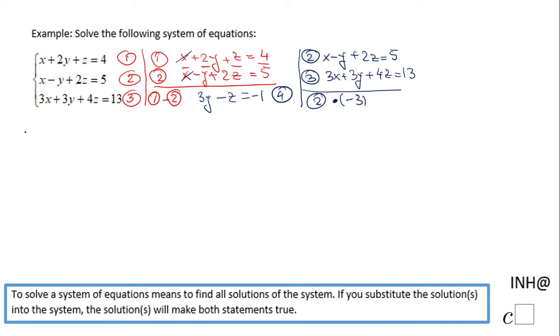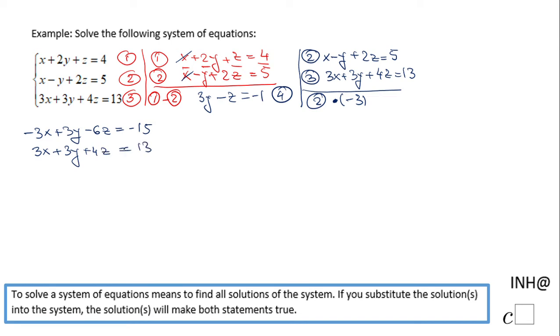Equation number 2 becomes negative 3x plus 3y minus 6z equals negative 15. And equation 3 is going to stay as it is, so we have 3x plus 3y plus 4z equals 13.